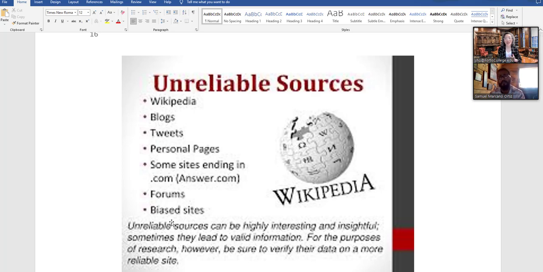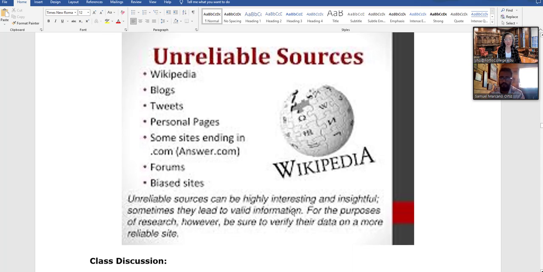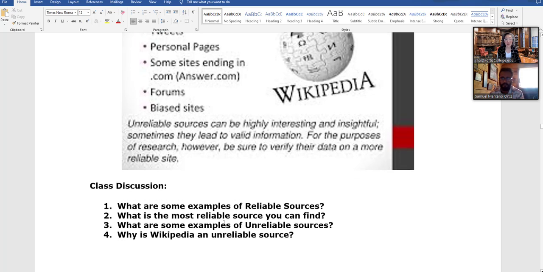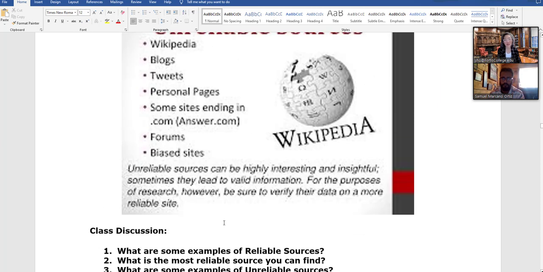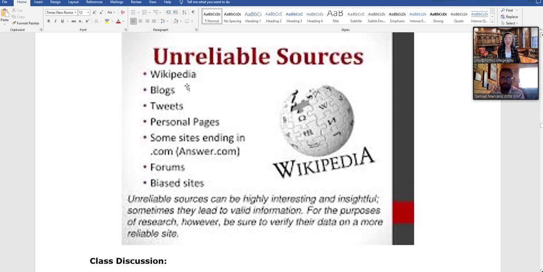Anything that has extreme words in it is a bias, in which you talk about only one side of a topic. And so unreliable sources can be highly interesting and insightful, and sometimes may lead to valid information, but most of the time it leads to conspiracy theories, propaganda, or like in the case of Wikipedia.